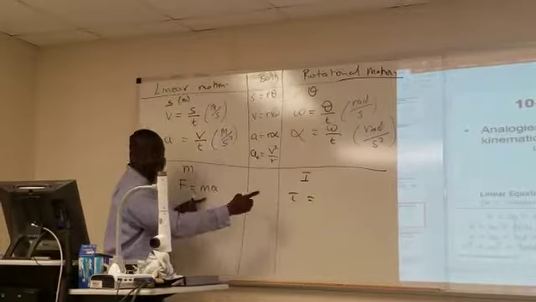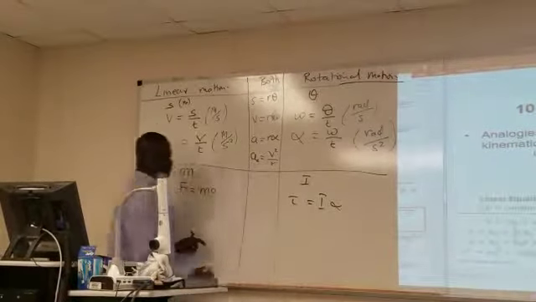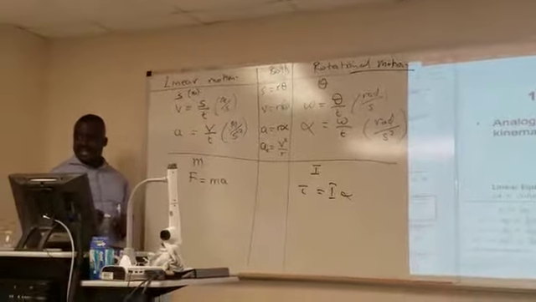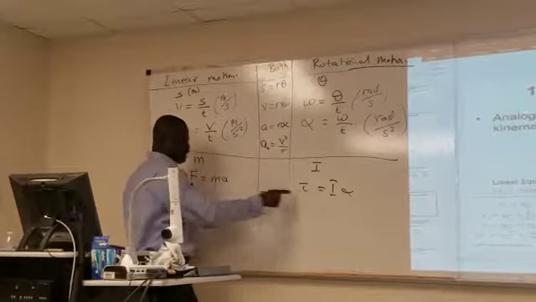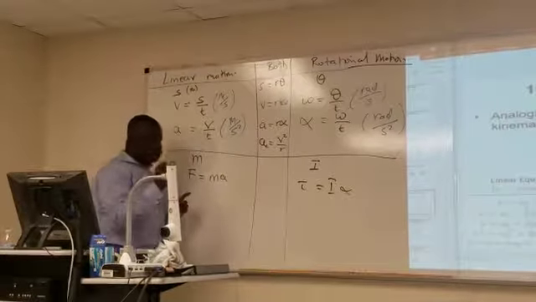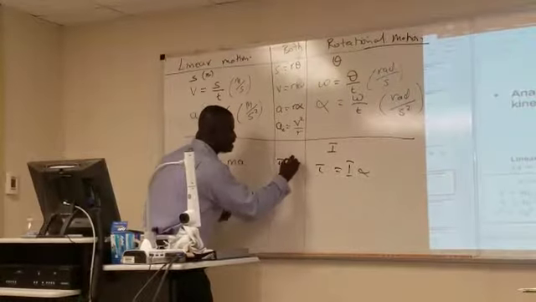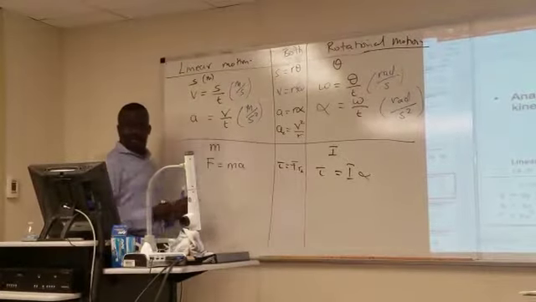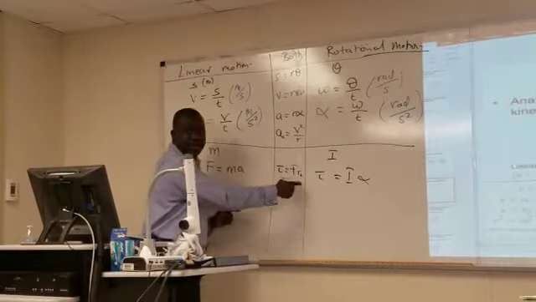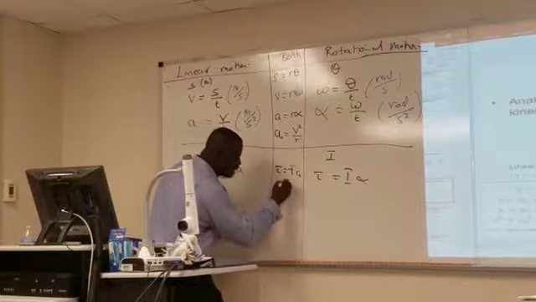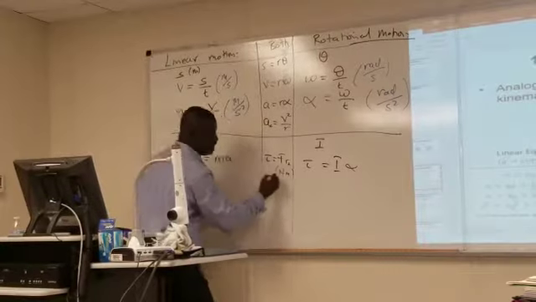It is inertia, right? And what is the acceleration equivalent? It is angular acceleration. Here, there is a change in the link between force and torque. Because when we look at torque, we say torque is the force times the perpendicular distance, r. And the unit here is a little bit different. The unit is Newton meter. That is the unit for torque.